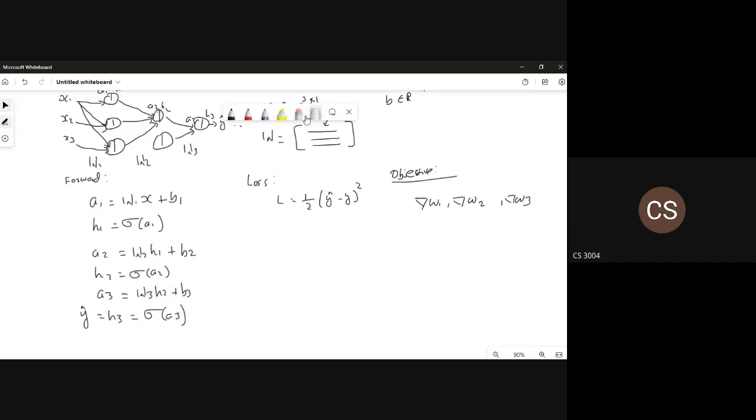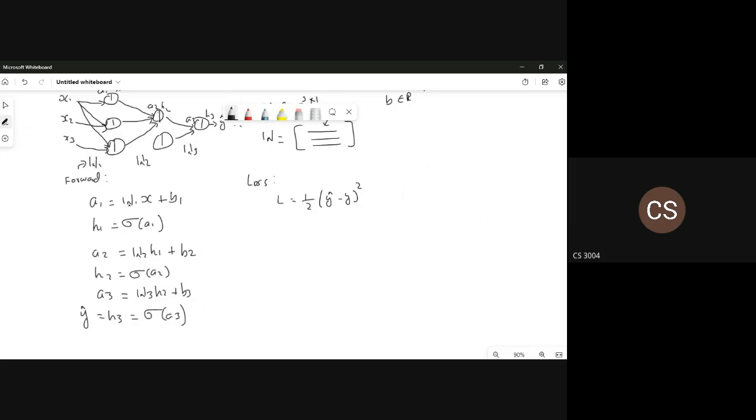Let me delete this. To illustrate the core idea, I am going to show you how to compute the gradient for W1, where you have to keep backpropagating all the way up to the first hidden layer, all the way up to the input.